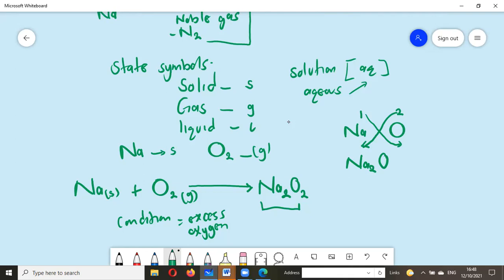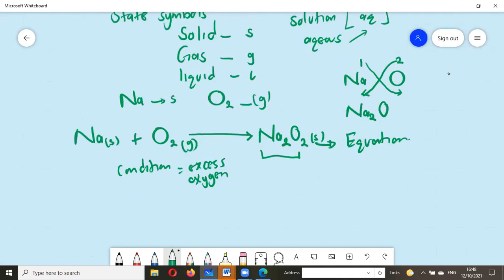Now, this is what we call an equation. But remember, it must follow all the steps we have seen. Is it balanced? Na solid plus oxygen gas, O2.